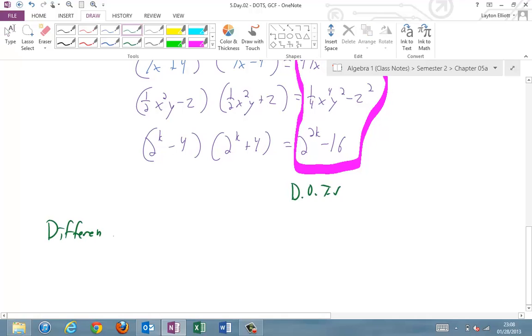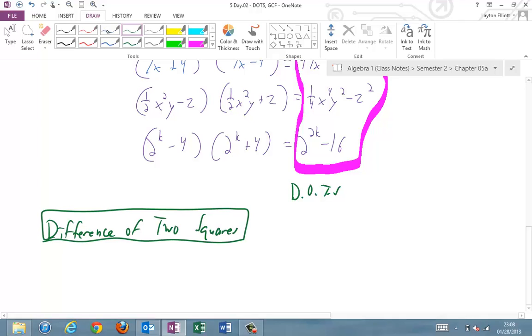Difference of two squares. Three conditions must be met. We will say condition 1. It must be a binomial.